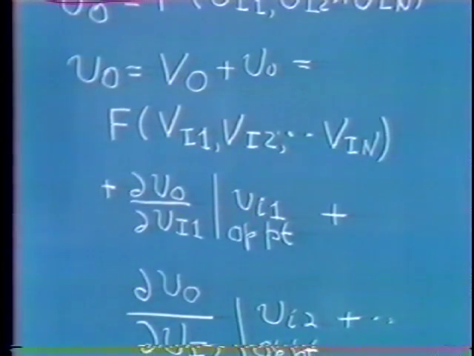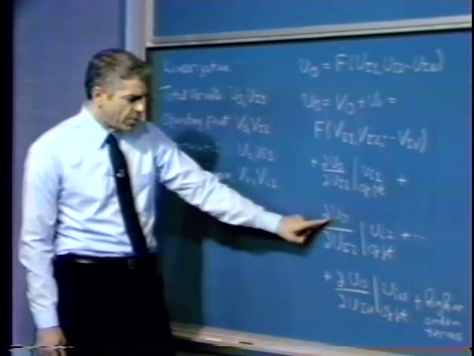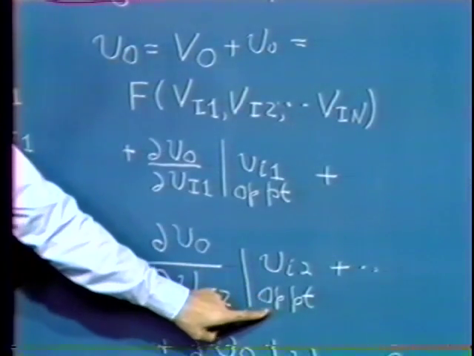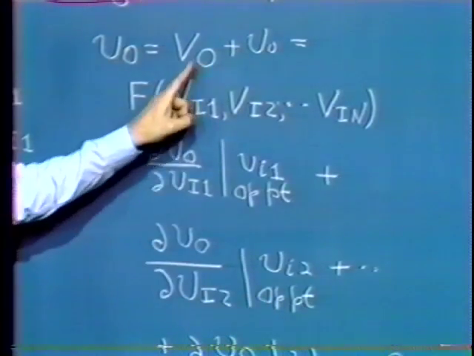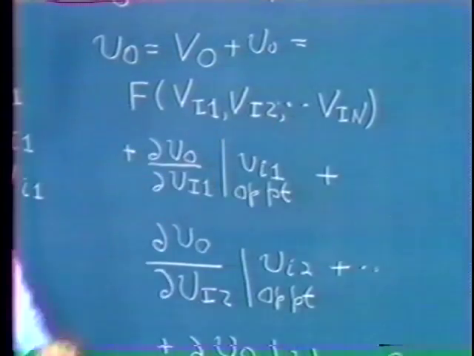And we continue that expansion for all of the input variables. We take the derivative of the output with respect to the second input variable, evaluate that once again at the operating point, at capital VO, or at capital VI1, VI2, and so forth.